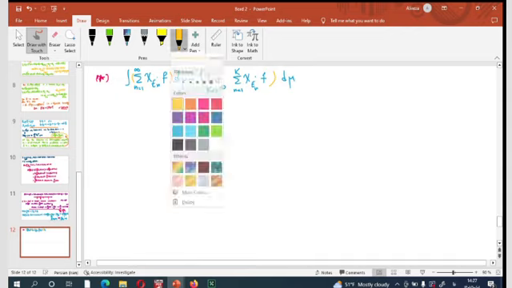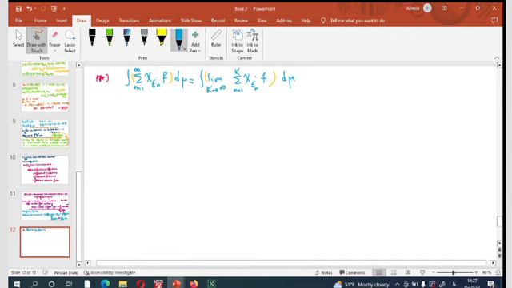But this is equal to the limit of this integral, n from 1 to k, d mu.